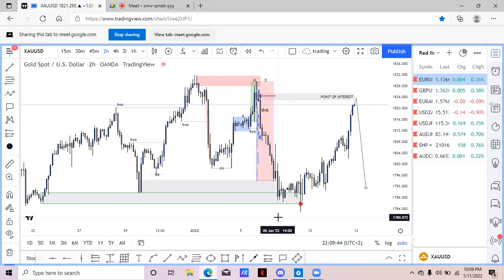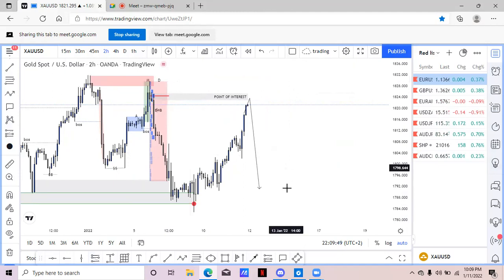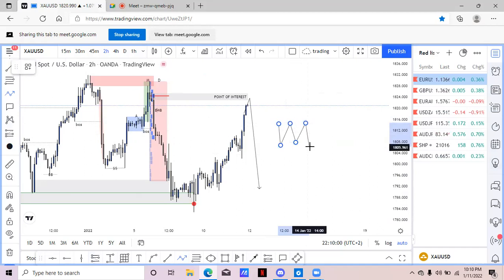If the London session manipulates to the downside, which high are we going to use? My guy, if you don't know whether the London session is going to create the high of the day or the low of the day, sometimes we have that Asian range and then the London session just does the same thing. It doesn't really go high or low, and then you see the New York session pushing high.